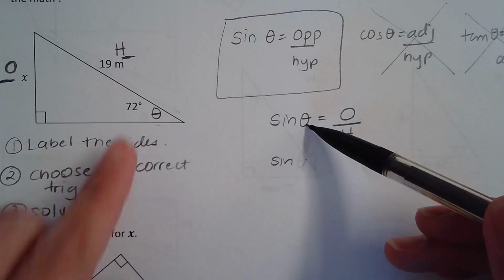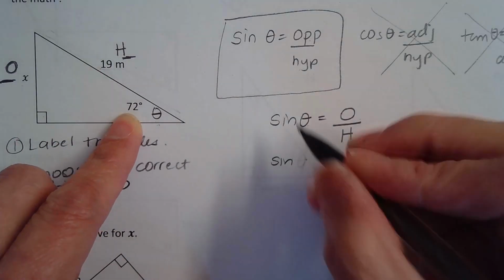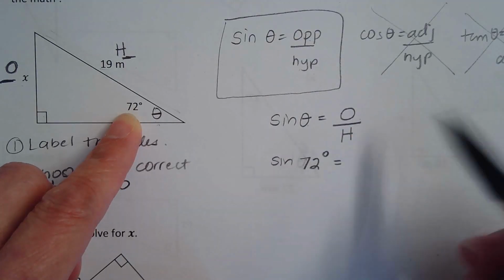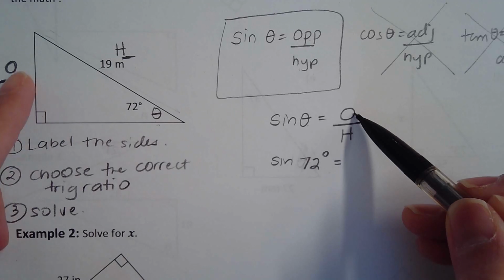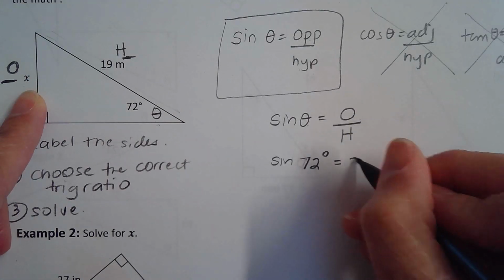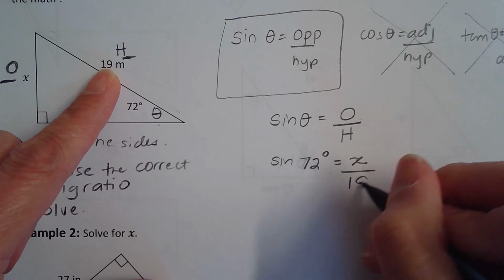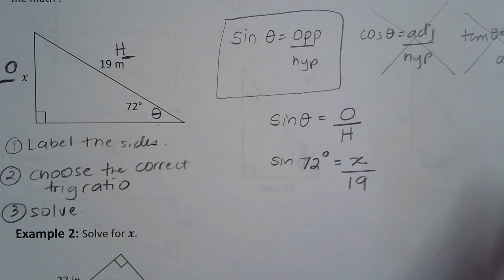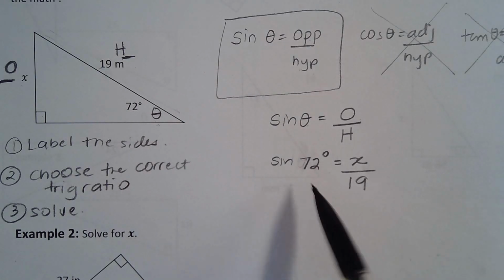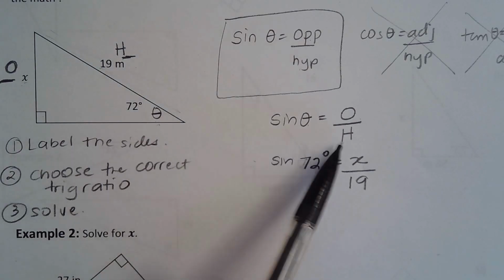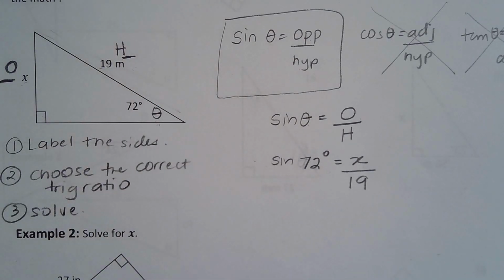So theta there is 72 degrees, equals opposite, which is x, over hypotenuse, which is 19. Is that okay? So we've substituted those values in here.